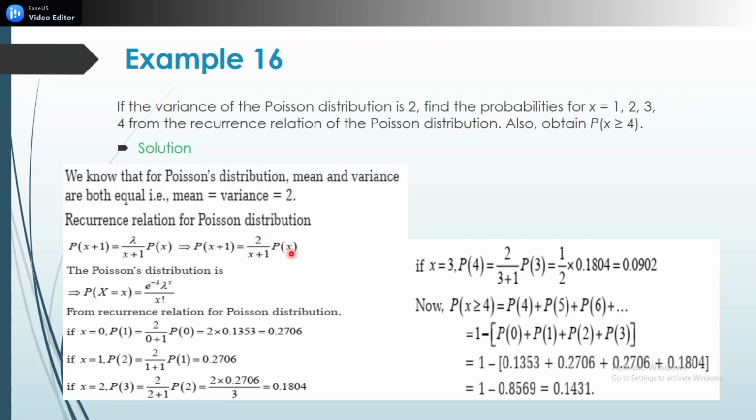We start from x equal to 0, 1, 2, and 3. Then we are asked to find the probability when x is greater than or equal to 4.